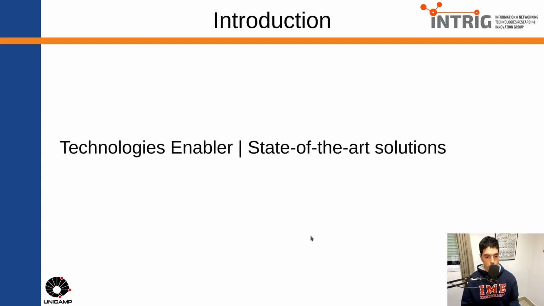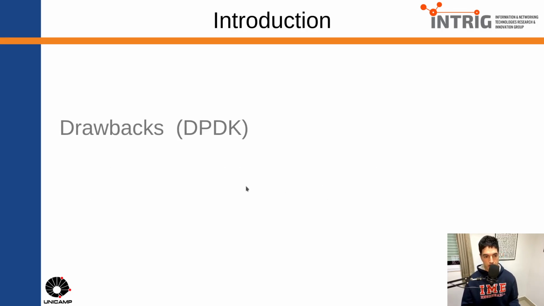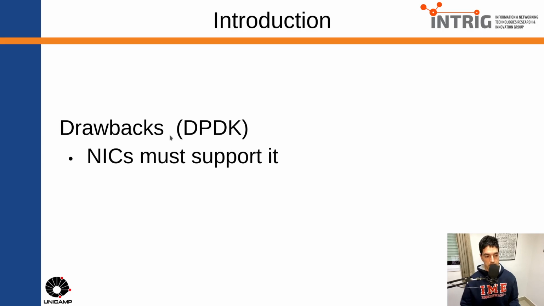So one of the main technologies for fast packet processing is the kernel bypass. The kernel bypass moves the packet processing from the kernel to user space. The well-known technology that implements this is the DPDK. But for scenarios like MEC, it's not good, because the NICs must support it.